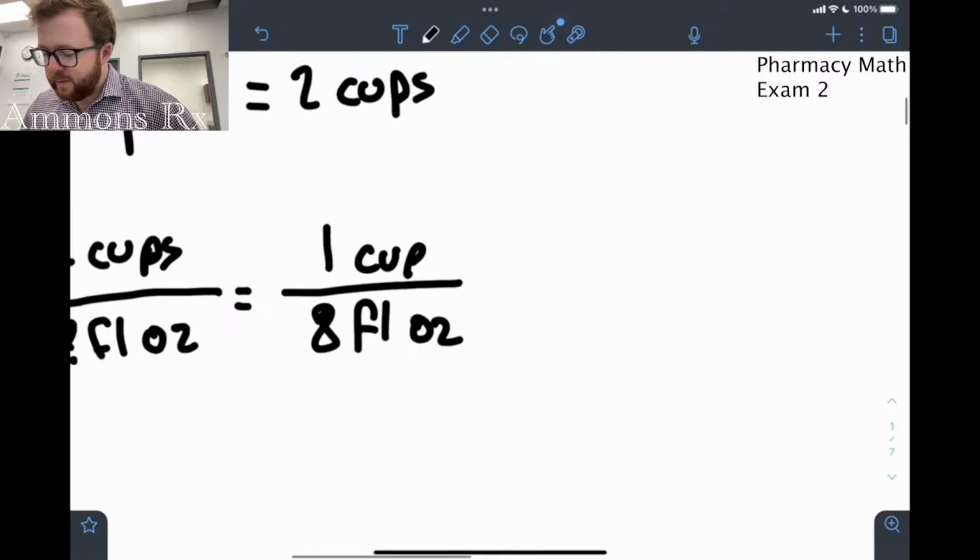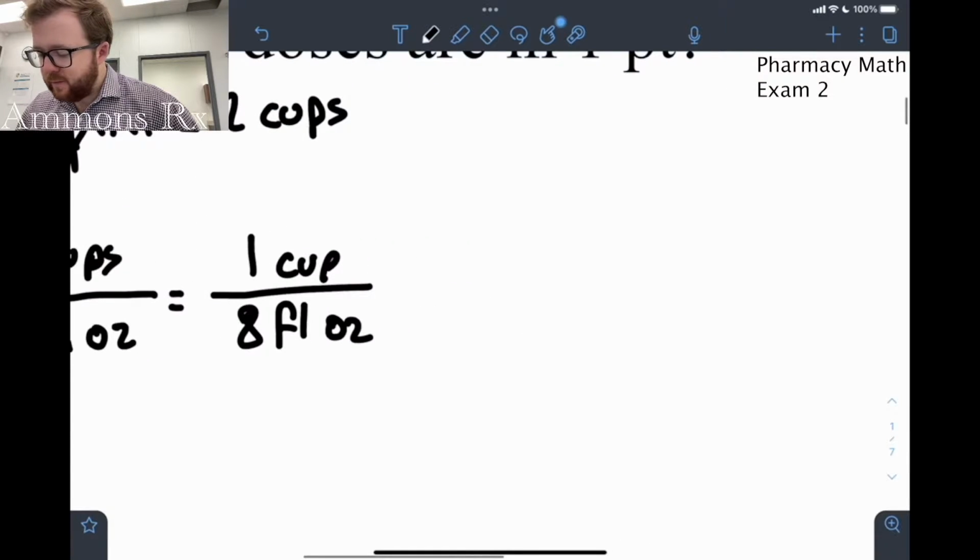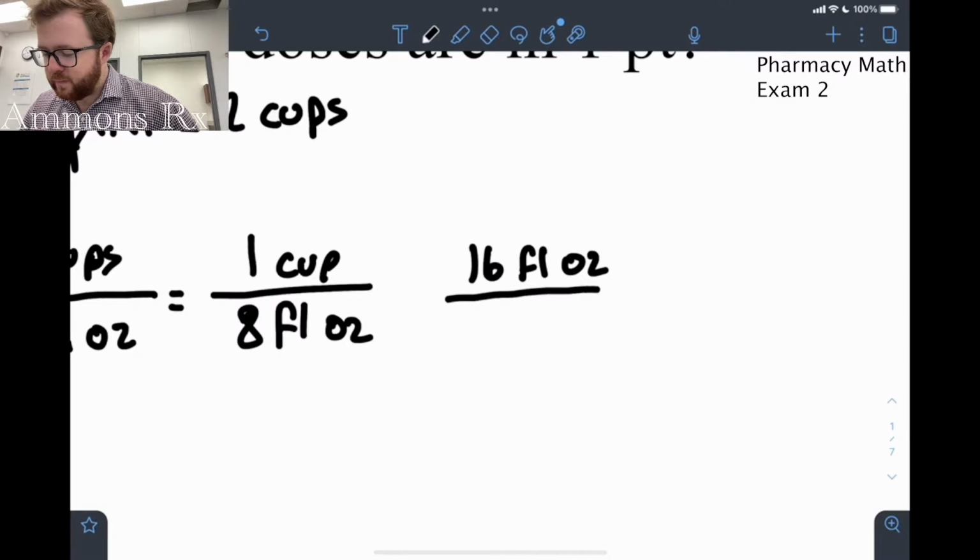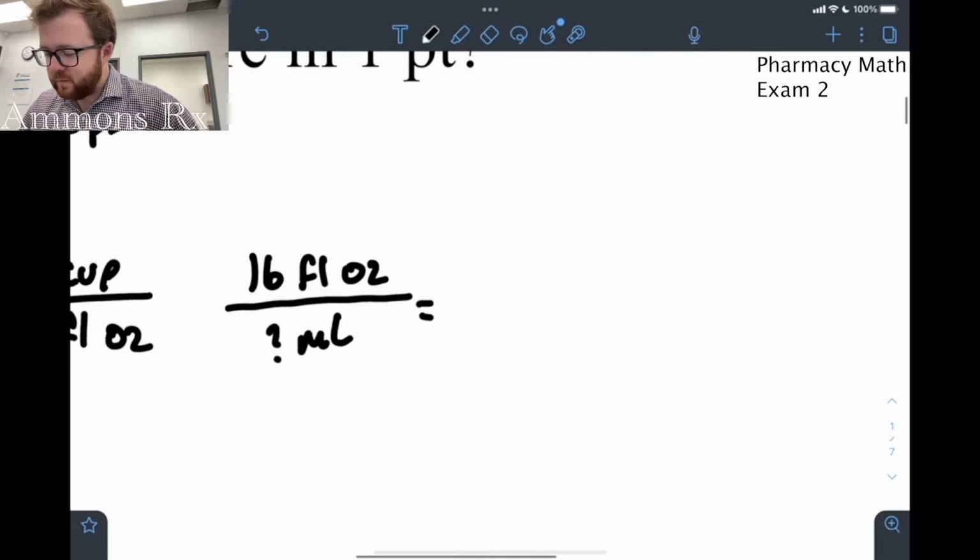So 8 times 2 divided by 1 is going to tell you how many ounces you have. You have 16 fluid ounces. Now we need to go to mils.